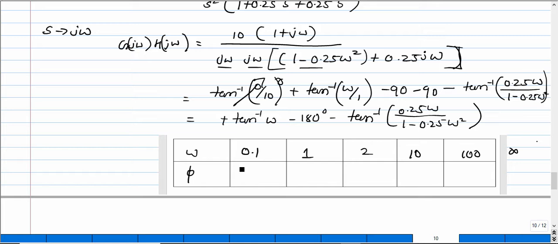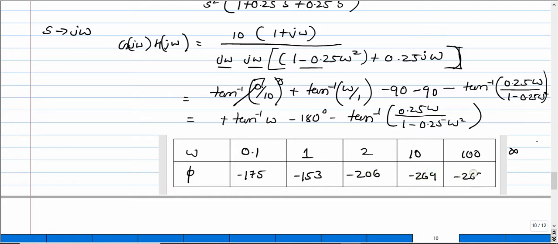When I substitute 0.1, that is minus 175. When I substitute 1, I obtain minus 153. Please cross check these details. I want you to use your calculator and substitute. I will give you some time. Let us cross check: minus 206, followed with minus 269.